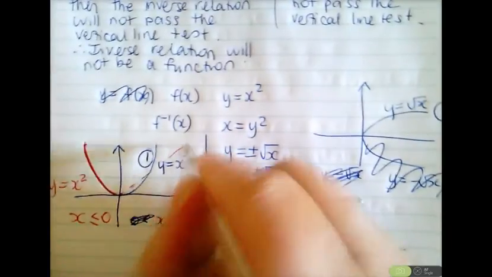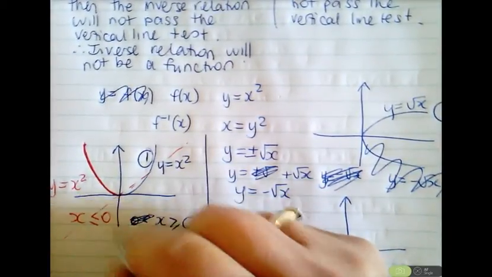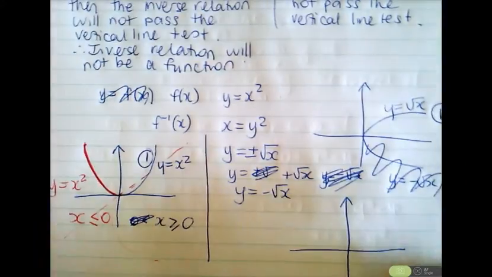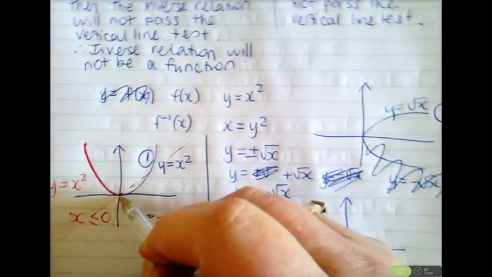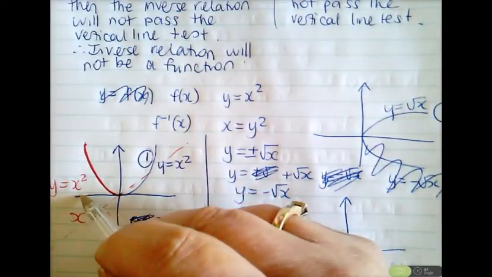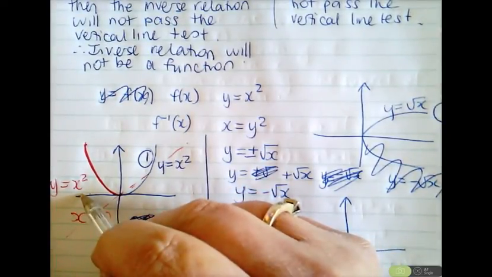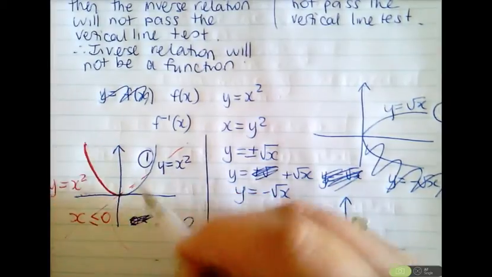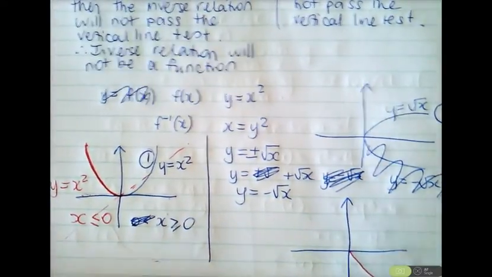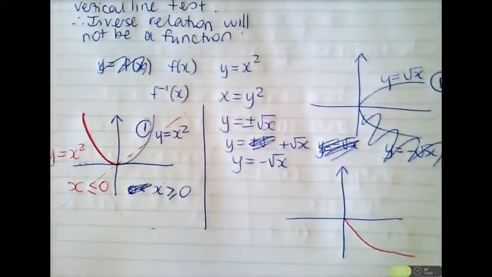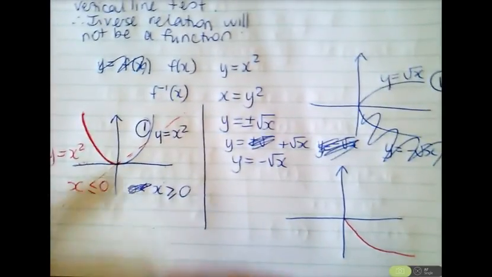If I do a dotted line of y equals x, it will come out like this. Not quite like that. I haven't drawn that very well, have I? I'd have to go like negative 2. Let me just draw it properly. Negative 2, 4, 4, negative 2 down here. That's its inverse. Got it? See how I was going to draw it over here wrong?